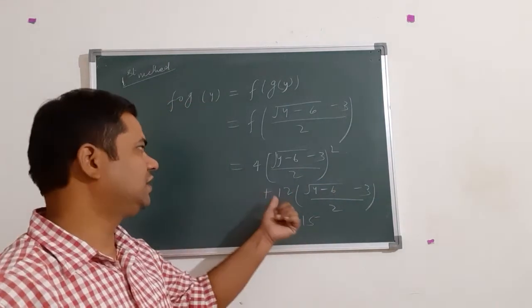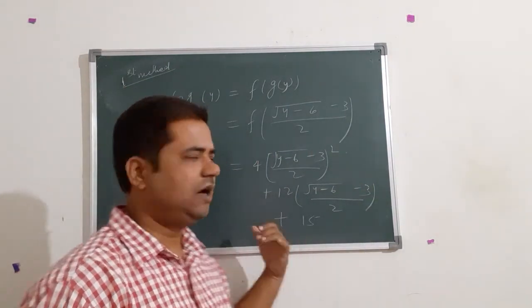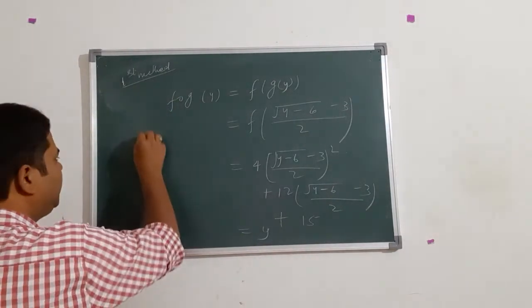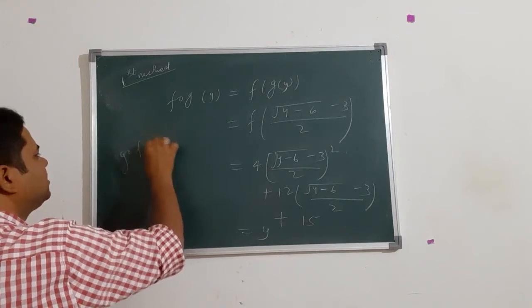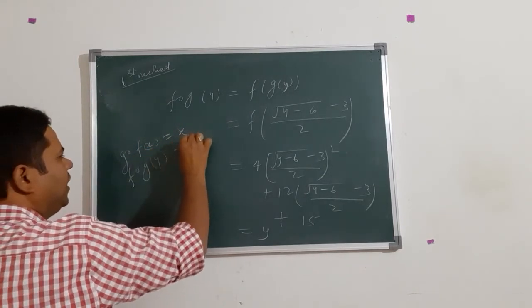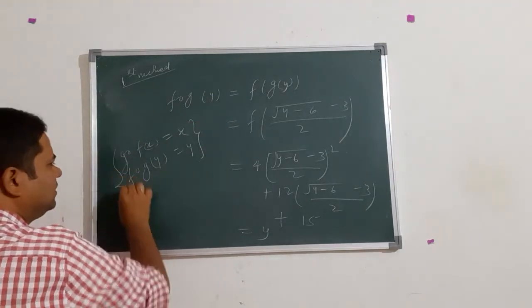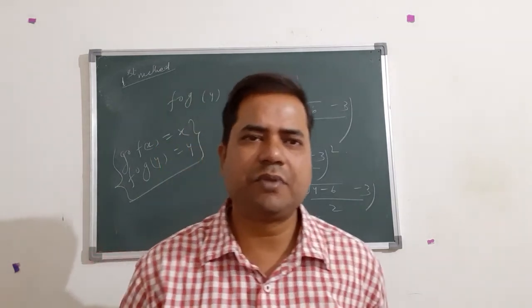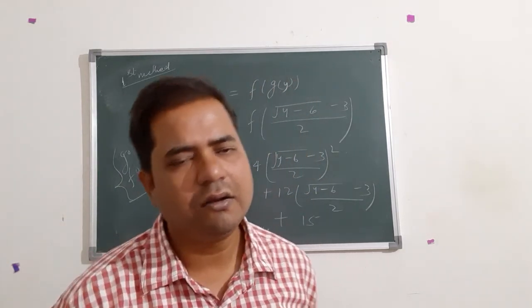Now this is your homework: you can solve it, and you must get y. So f∘g(x) = x and g∘f(y) = y, and hence from this we can say this is an invertible function.